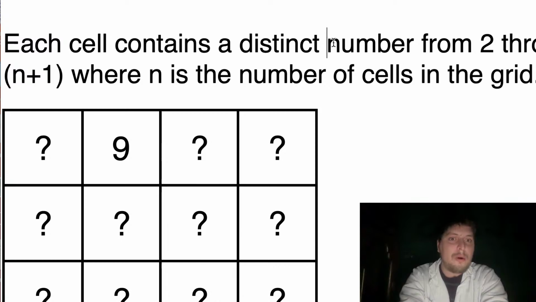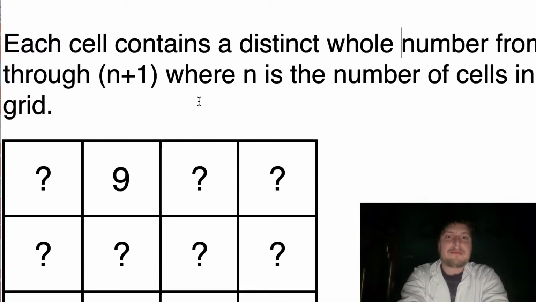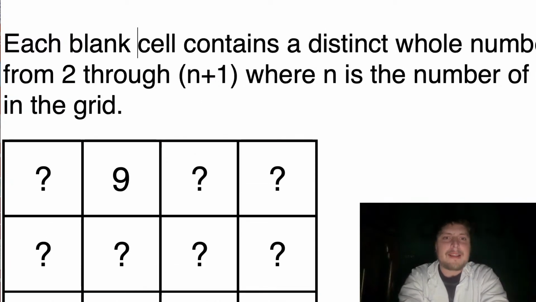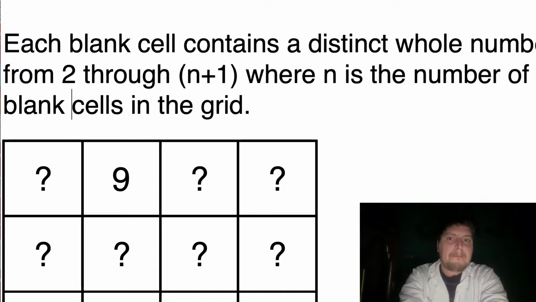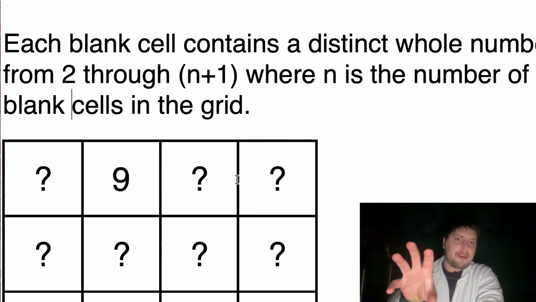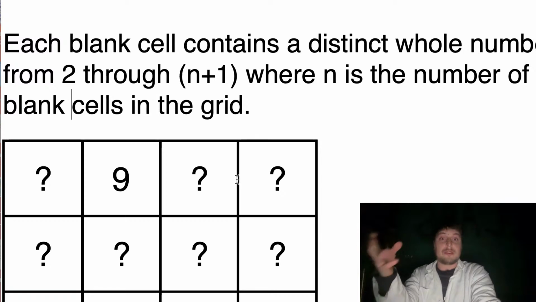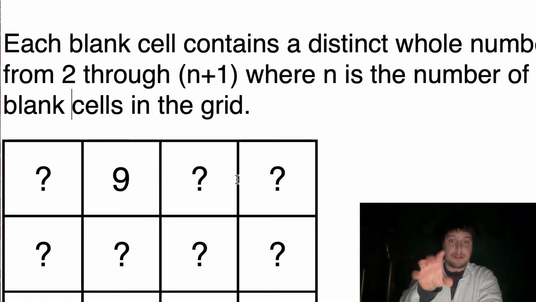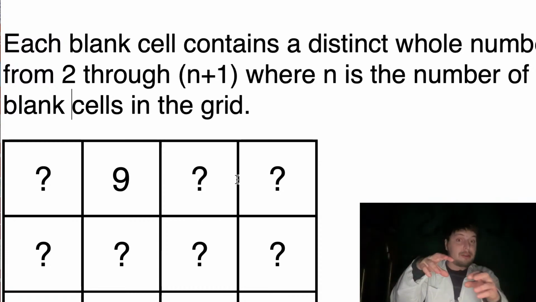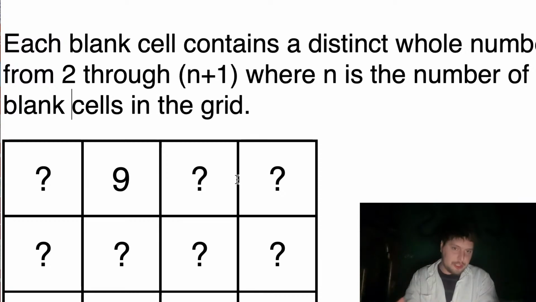A distinct whole number. And let's say each blank cell, because that gives us the option of having cells blacked out. Or you could, sort of like crossword puzzles, or various types of grid puzzle, incorporate this, having some of the stuff shaded out like they're missing, which essentially lets us use the grid structure in a different shape.